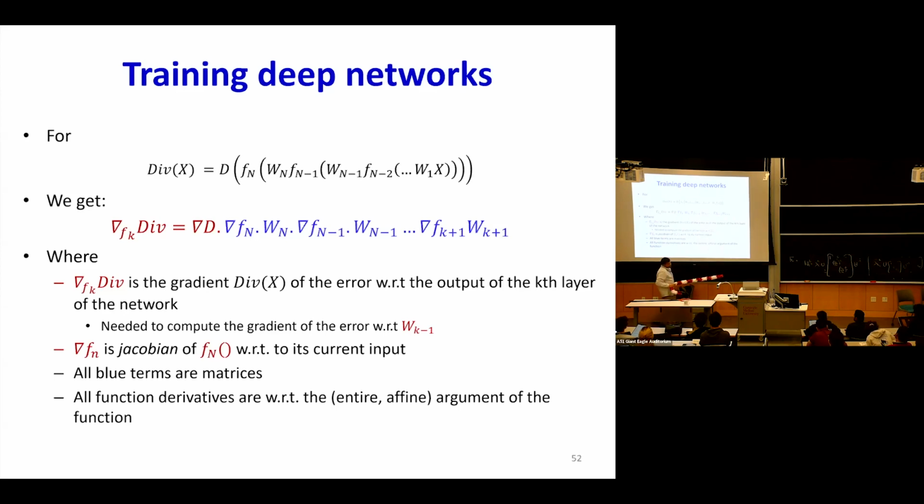So this is the derivative of fn times wn times the derivative of fn minus 1 times wn minus 1 times the derivative of fn minus 2 times wn minus 2 and so on, all the way till you get to the variable for which you're trying to compute the derivative, right?